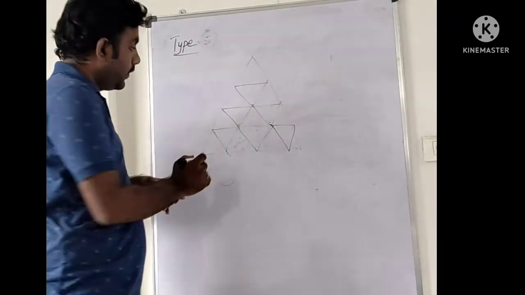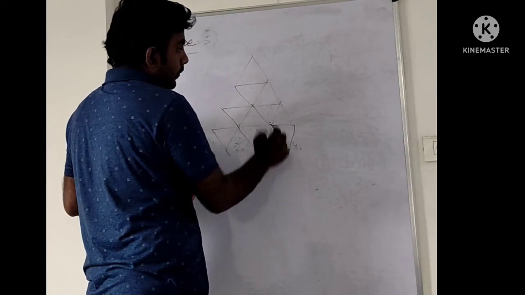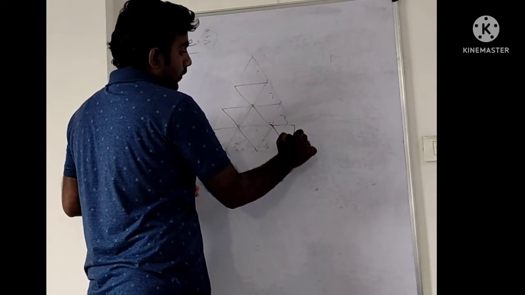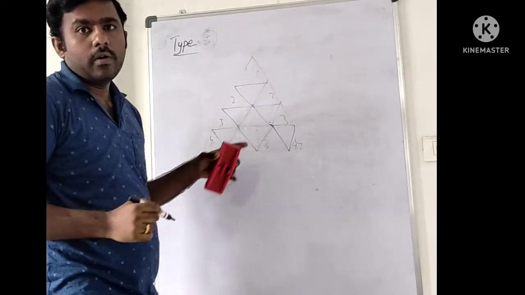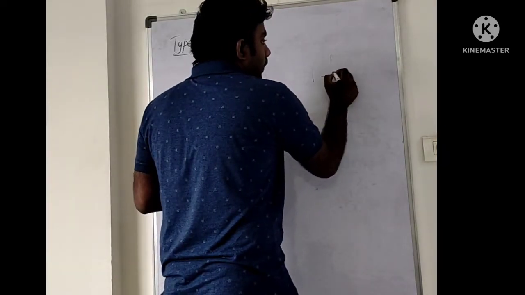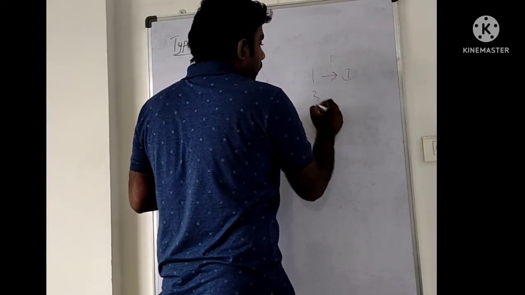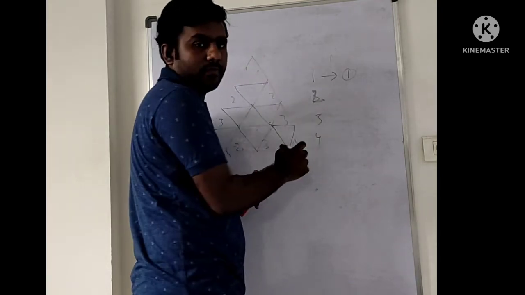Here 1, 2, 3, 4. 1, 2, 3, 4. 1, 2, 3, 4. Each side has 4 bases. Same trick. Here the total number of bases is 4.